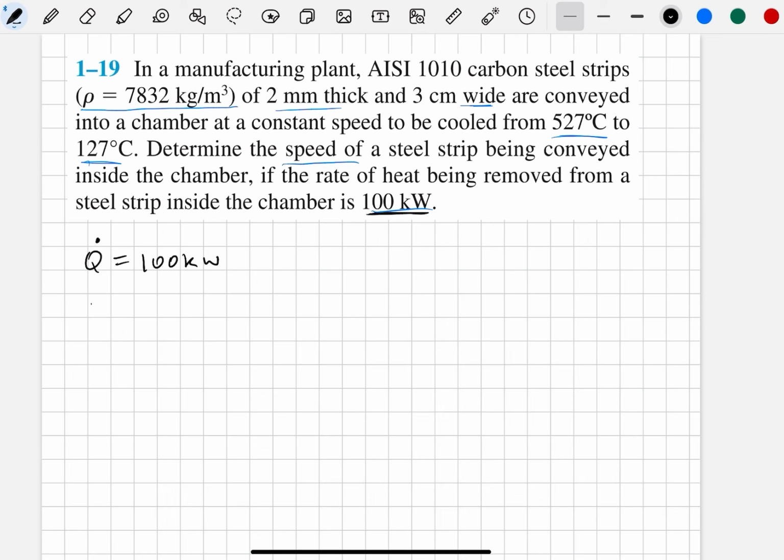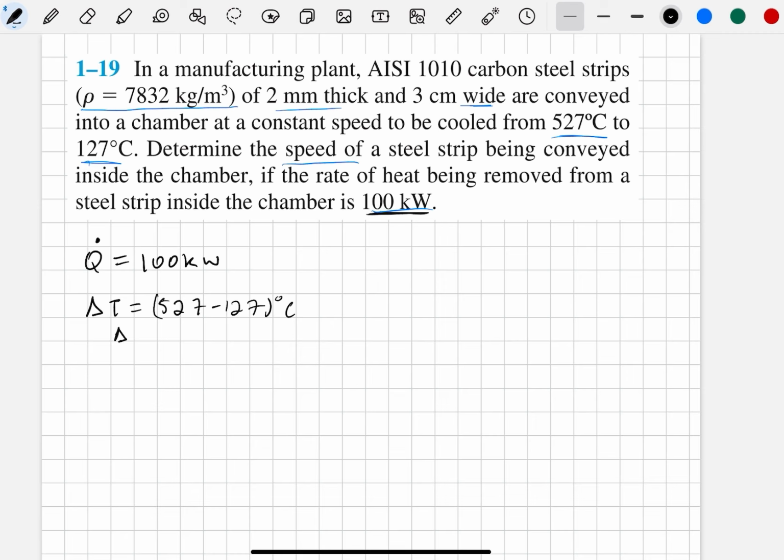Change in temperature is going to be 527. Oh, I mean, it's going to be negative, because we're losing energy, but I'm just going to keep it as positive. So 527 minus 127, and this is in degrees Celsius.